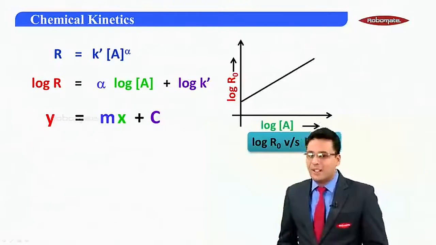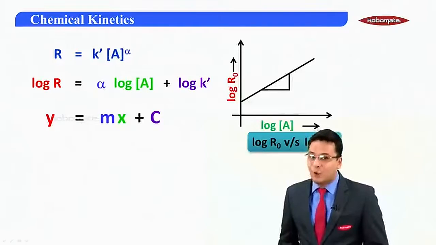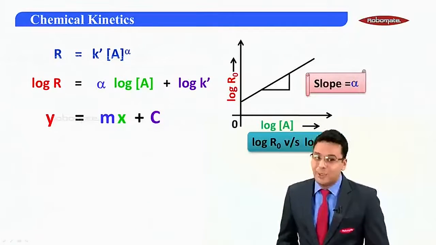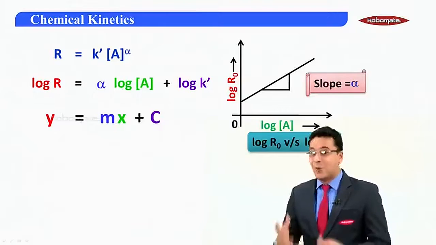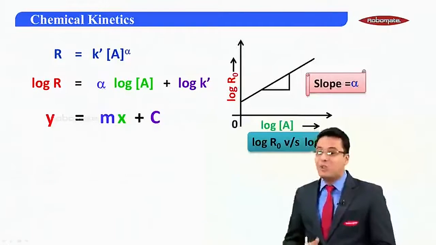Now when you find out the value of the slope, you will get the value of alpha, which is nothing but order with respect to A.